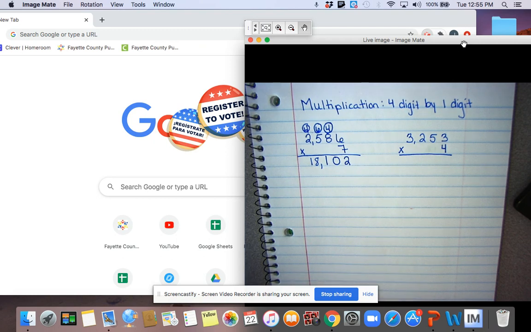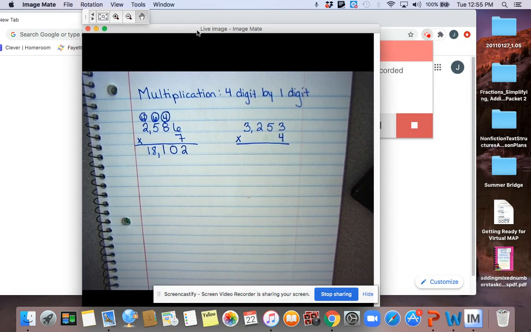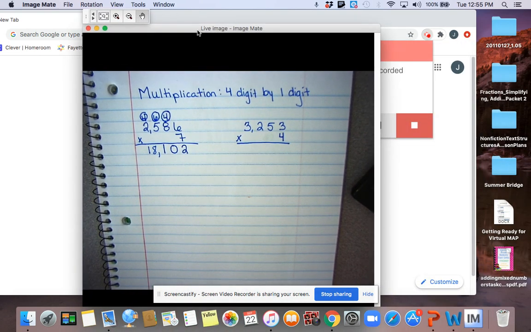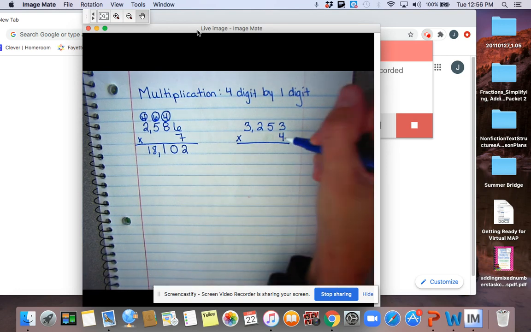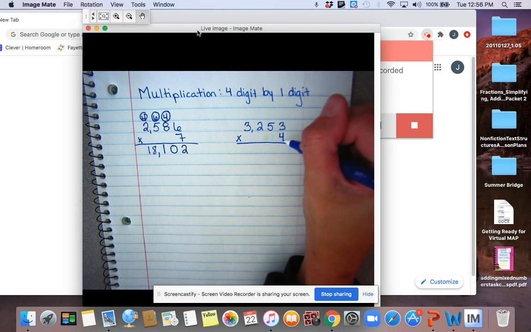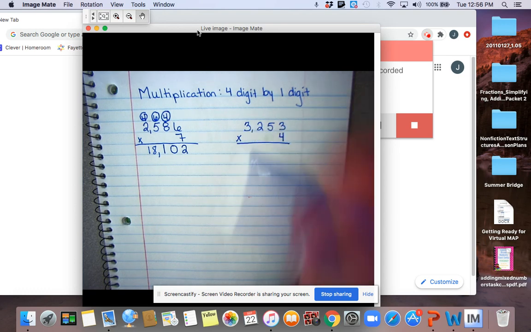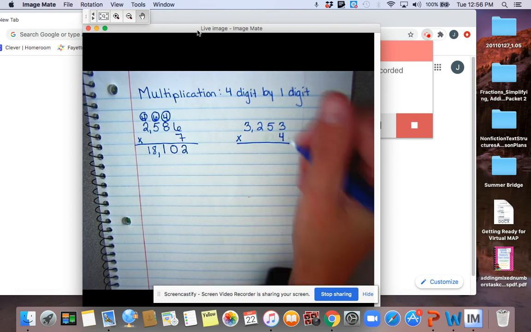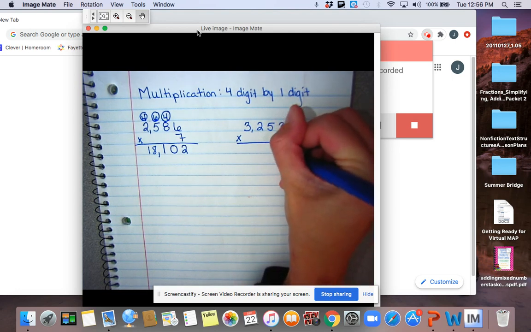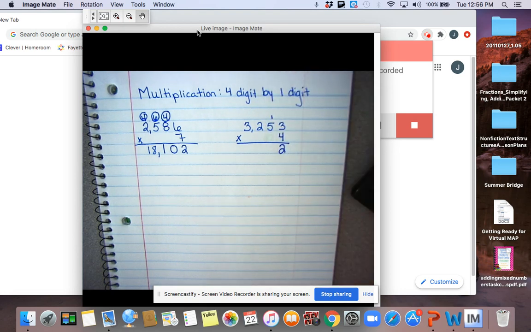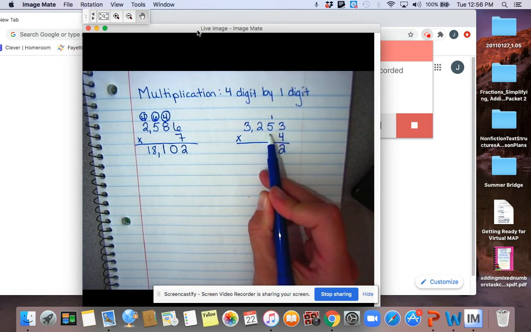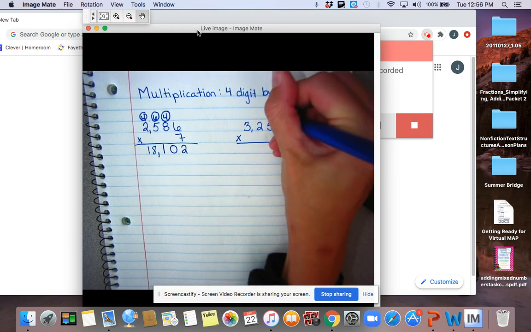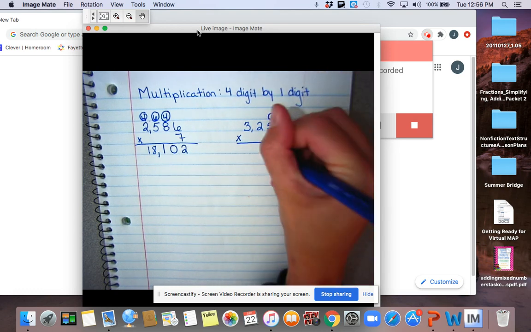So our next problem that we have is 3,253 multiplied by 4. Again, we are going to start at our ones place and work towards the thousands place. I'm going to say 4 times 3 is 12. I'm going to put down my 2, carry my 1. 4 times 5 is 20, but I cannot forget to add my 1, which is 21.